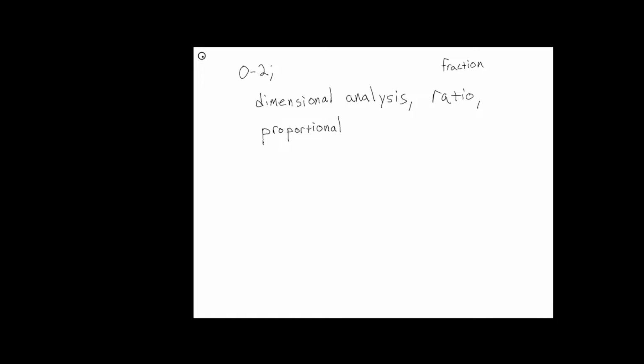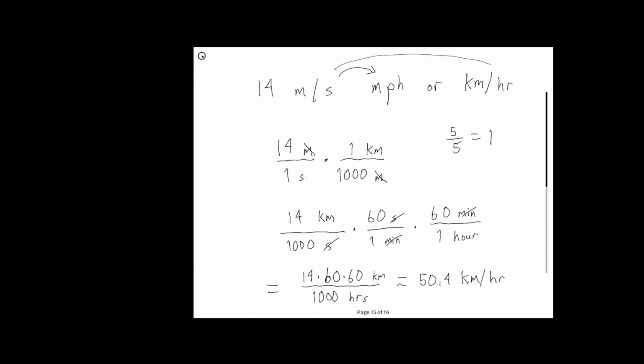Two things are proportional if they just vary by a fraction, right? So why are we introducing these at the same time? If we go back to the last page, right, I set up a certain ratio to help me do dimensional analysis. And all these units are proportional to one another, right? So we can use them to measure one another, and we can always create these fractions. That's what it means to be proportional.